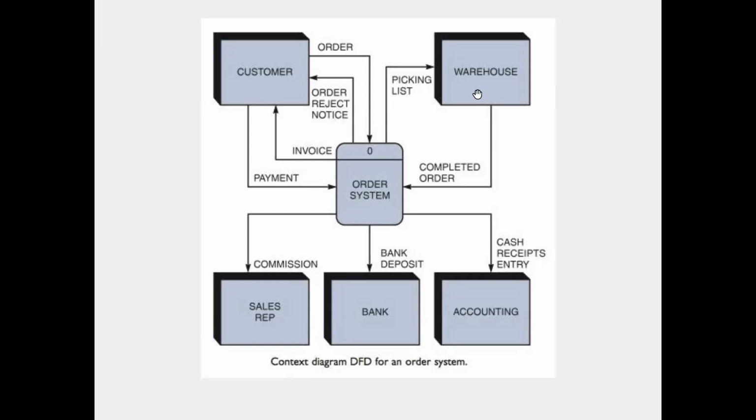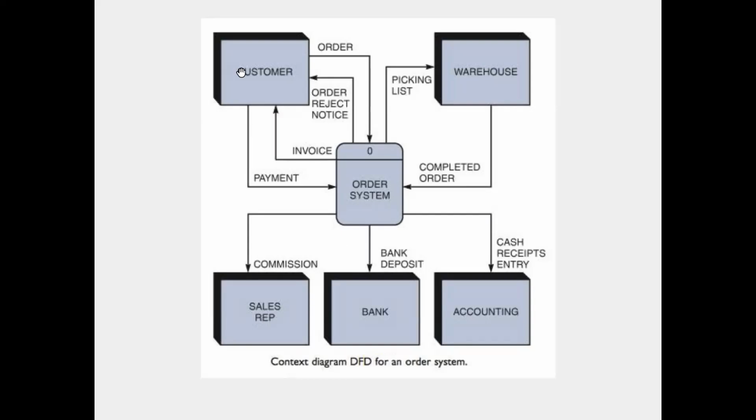There's a warehouse from where we are going to get the list of items ordered by the customer. And for the payments, we will have a sales rep who will get a commission, a bank which receives the payment, and accounting which will record the information.